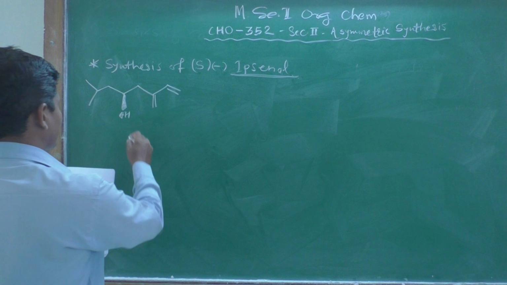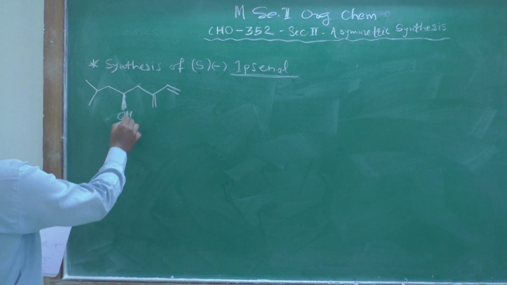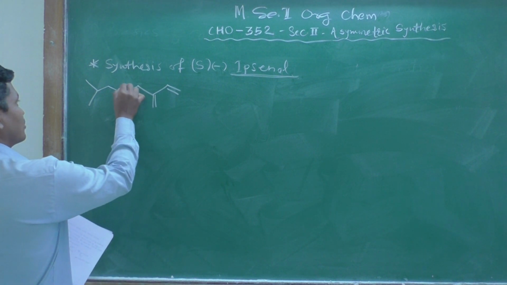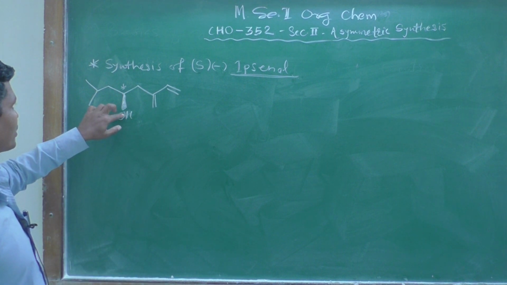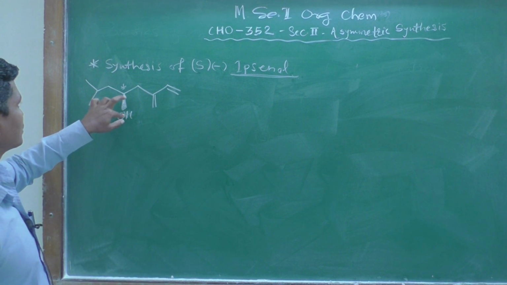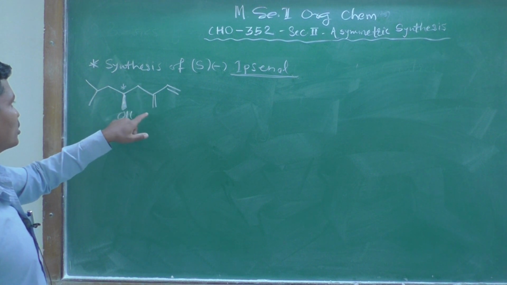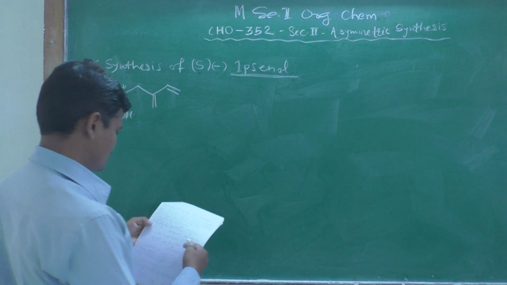This hydroxy group is present above the plane, and this is the chiral center. Now find out the absolute configuration. First priority, second priority, third priority, 1 2 3. The fourth priority group is below the plane, so 1 2 3 is anticlockwise. So this is S-ipsenol.